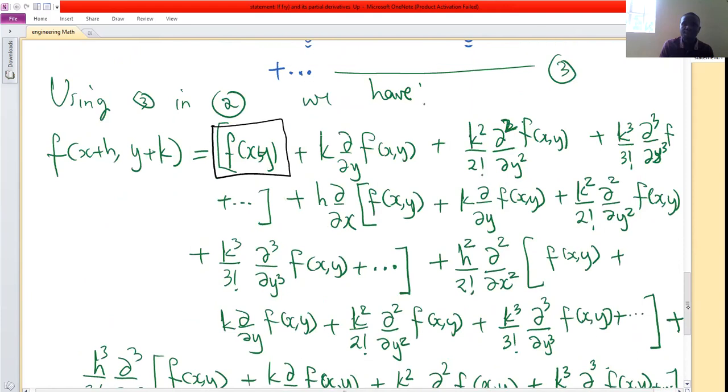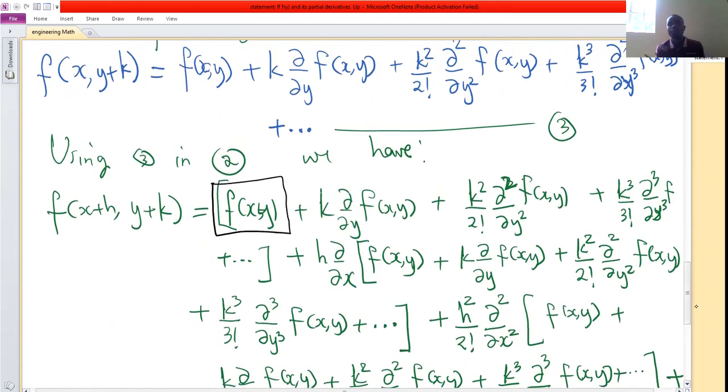Let's pick those ones with only one partial derivative, and you see it will be this term, and then this term, because this will be now k partial y f(x, y), and then this is h partial x f of (x, y). So when you open the bracket, this times this one here. So there's only those two terms.